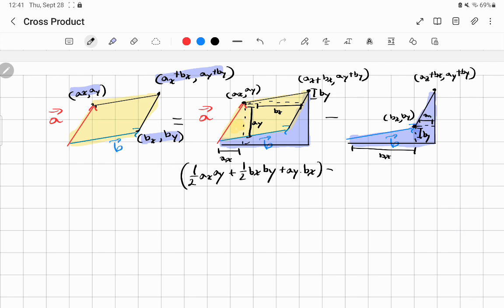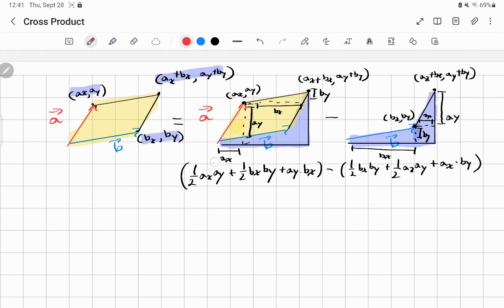So this is AX, and this is AY. So here are two triangles, half BX BY, which is the area here, plus half AX AY, which is the area here. And then this little rectangle here, the area of it is AX times BY.